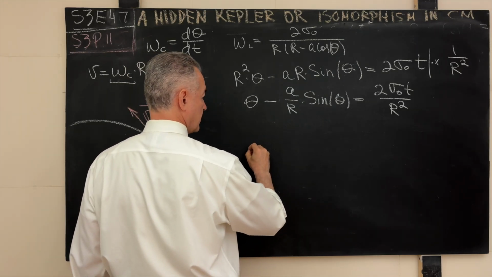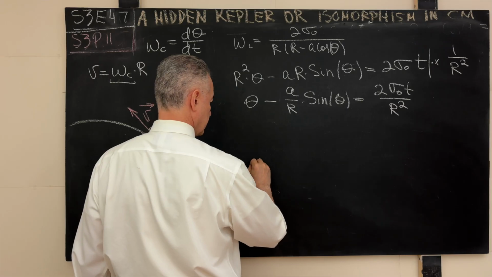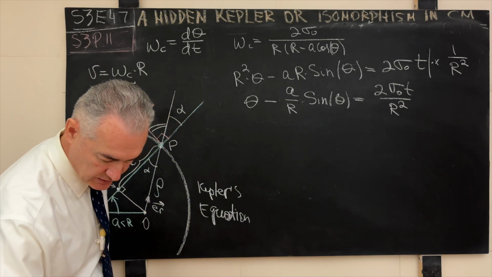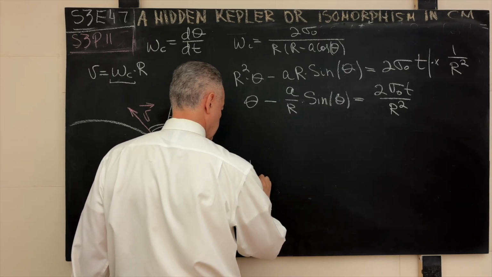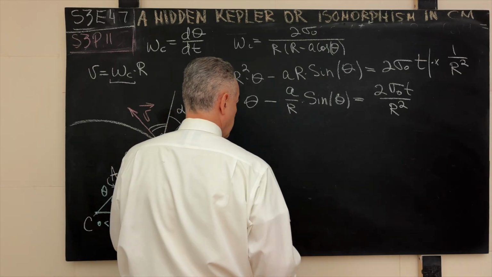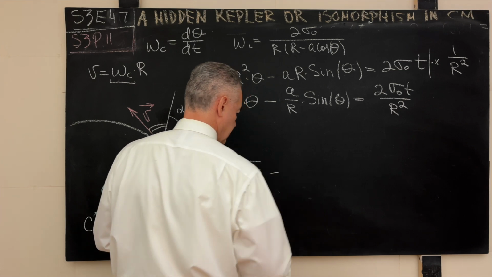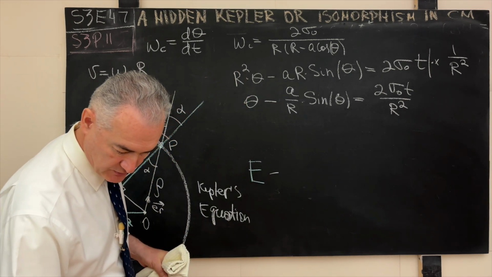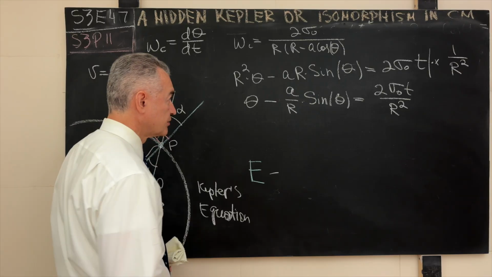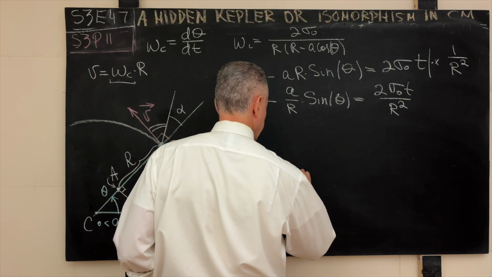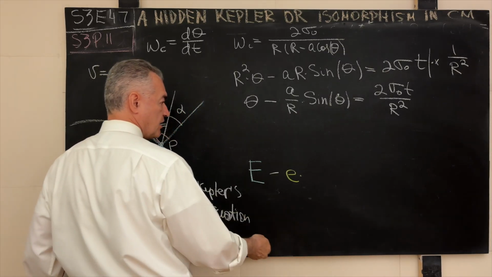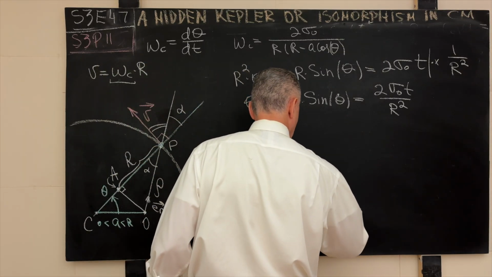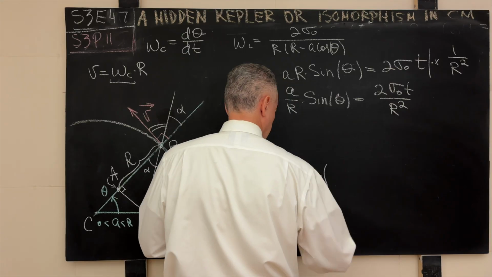I will write it down suggestively like this. Let's use blue chalk over here. So it will be E minus, and let's use green for the eccentricity, e, not to be confused with Euler's constant, times sine of E.